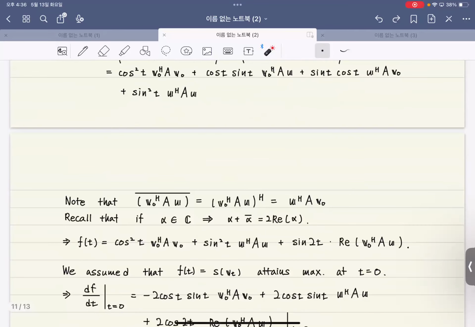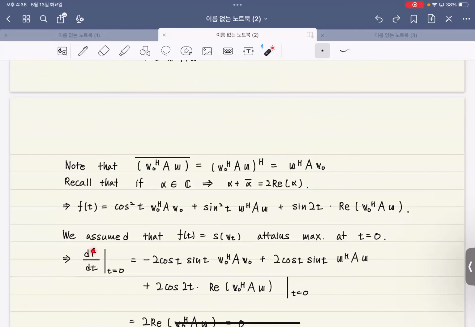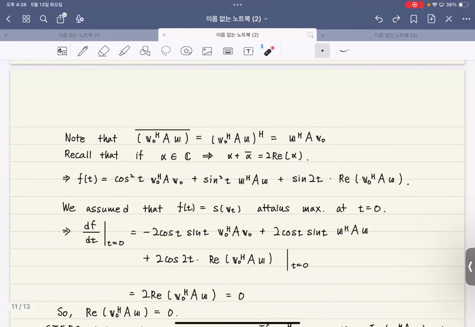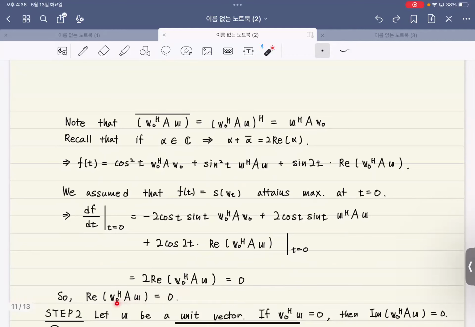So taking the derivative of this function with respect to t and plugging in t equals 0, we get 0. This derivative is this, and this derivative is that. Letting t equal 0, this is 0 and this is 0, and this is 1. Therefore, the real part of this number should be 0.